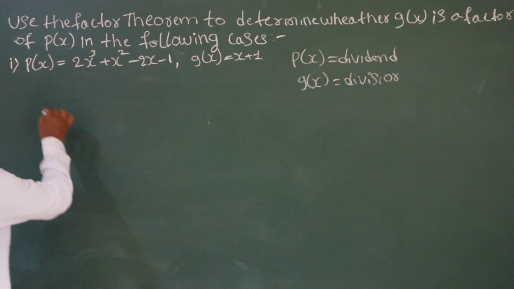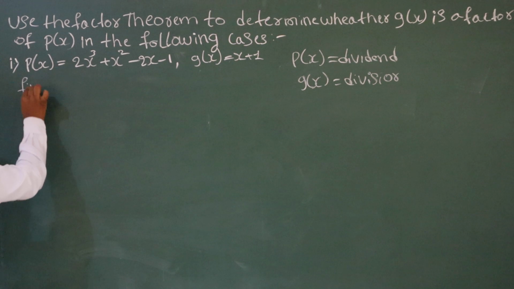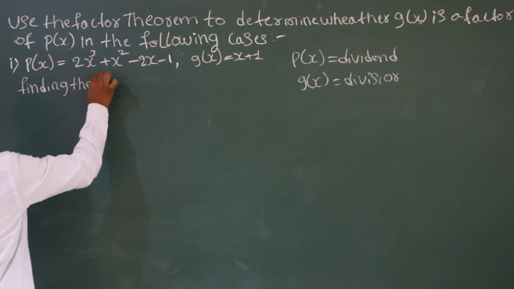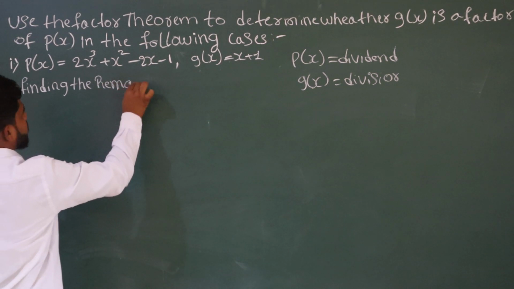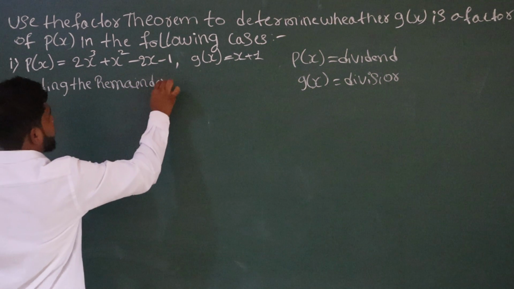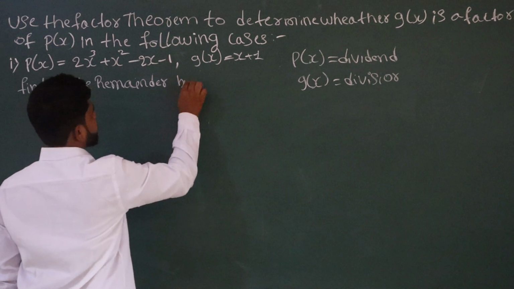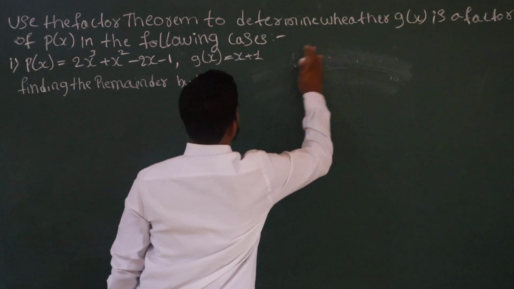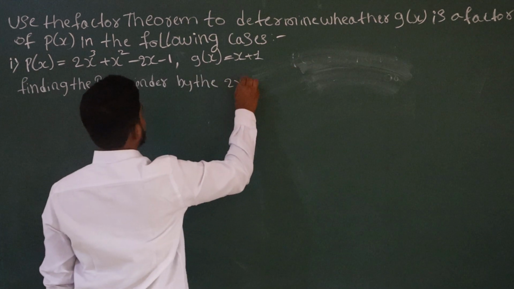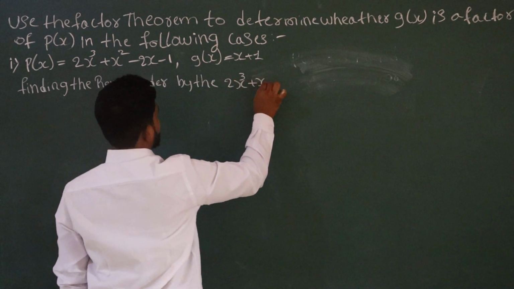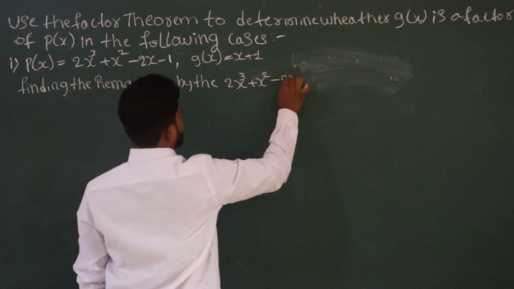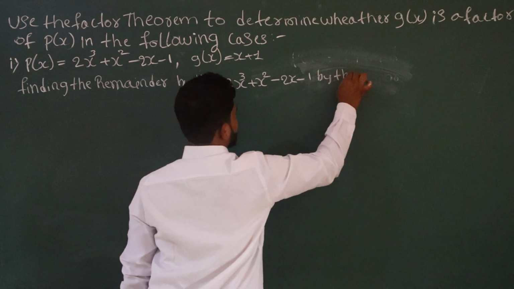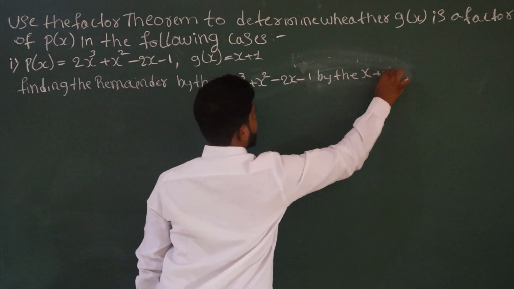Now, finding the remainder when 2x cube plus x square minus 2x minus 1 is divided by x plus 1.